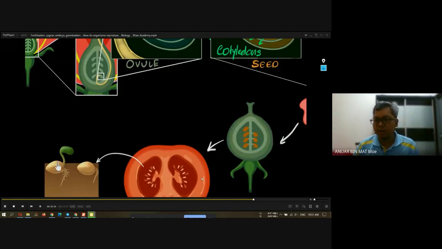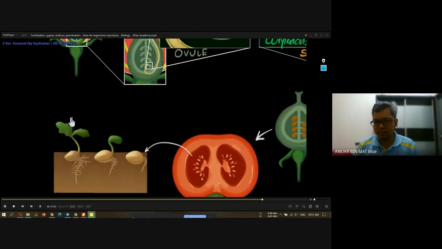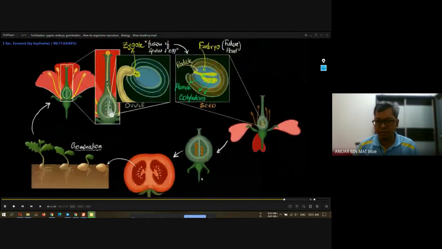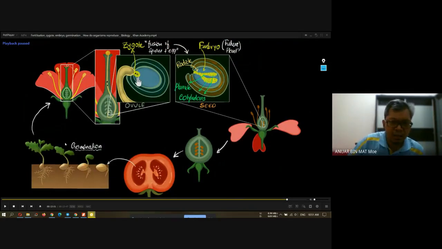It will germinate and become a new plant. This is the normal reproduction in plants.